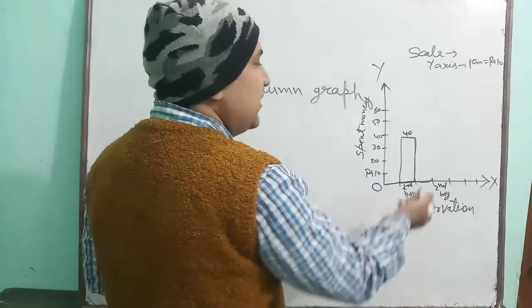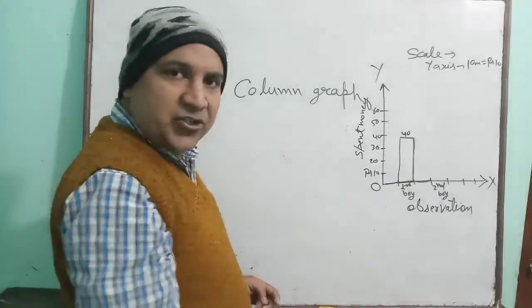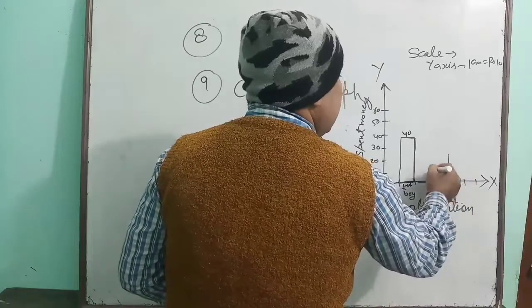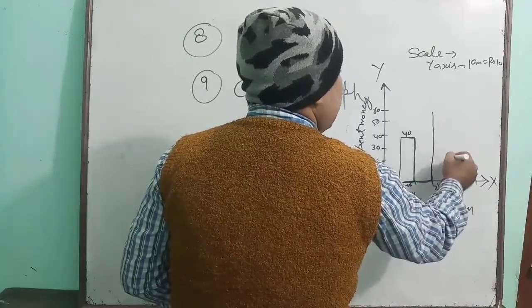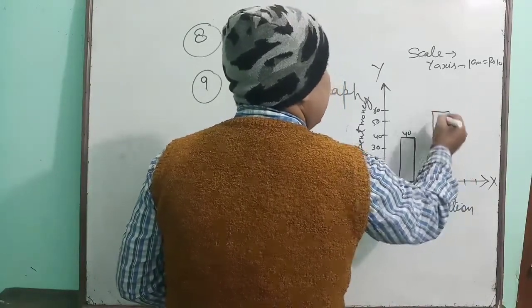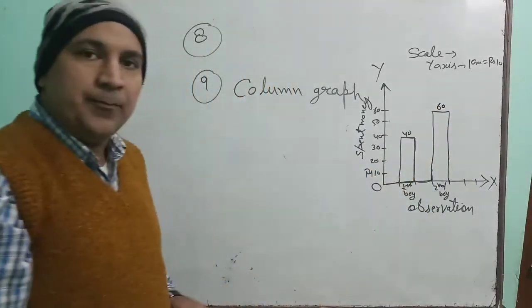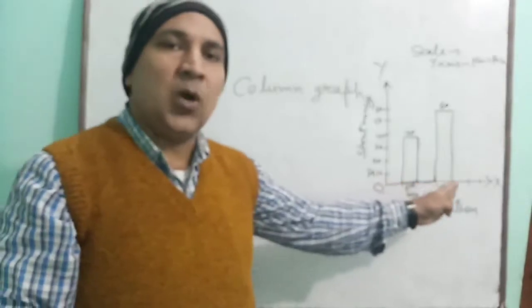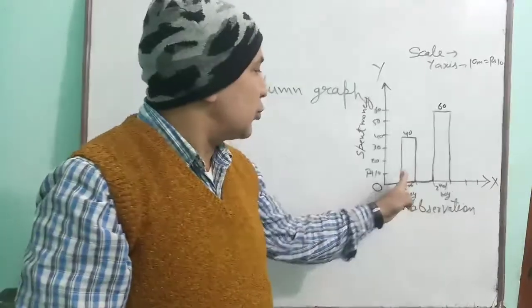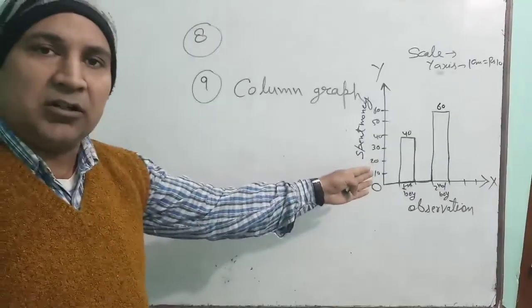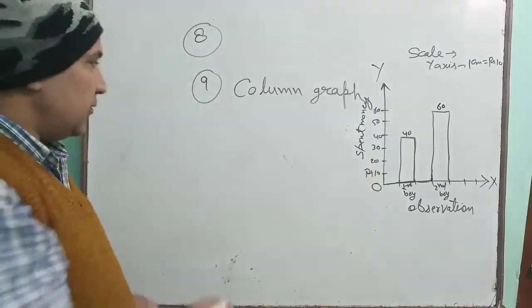Similarly, suppose the second boy is spending 60 rupees. So on the box representing the second boy, with the help of the scale you will draw the rectangle, and at the top you will write 60. In this way, for however many boys or girls there are, so many rectangles you will draw, and this will be called the column graph. Understood?